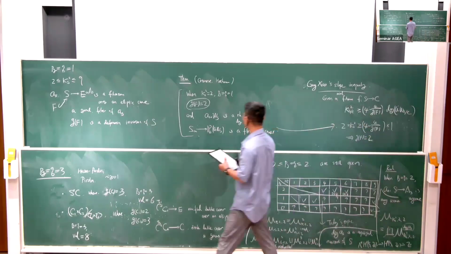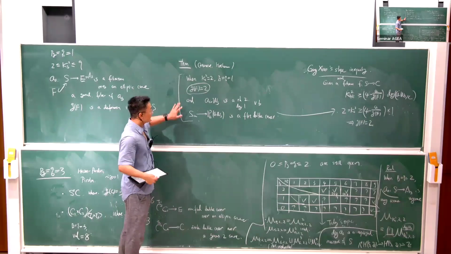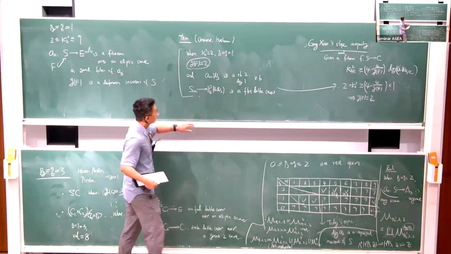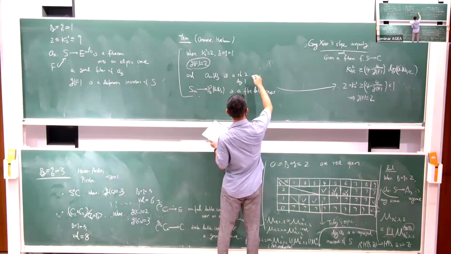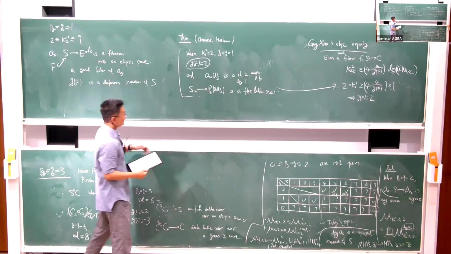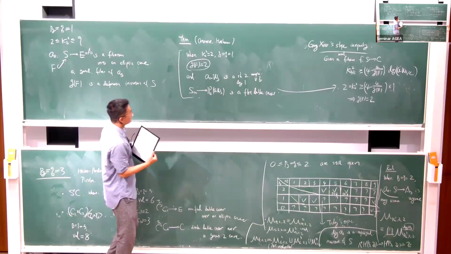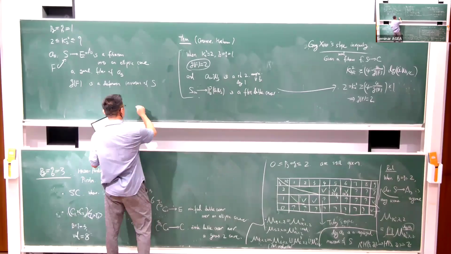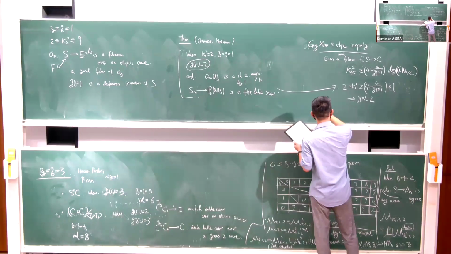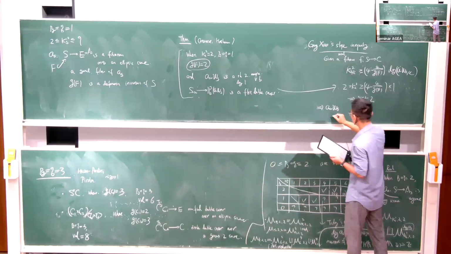Okay, so once we determine the genus of the fiber is 2, then the structure is easy. Once we know the genus is 2, then this is a vector bundle of rank 2.